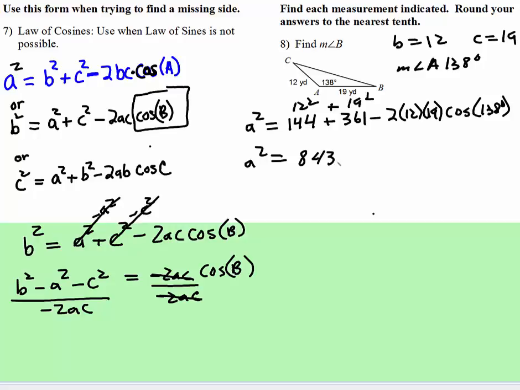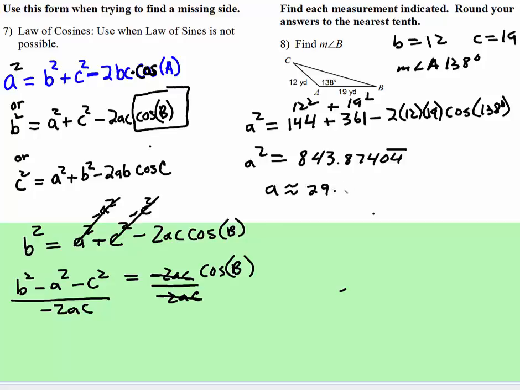It gives 843874, and it looks like it's going to repeat. Now I'm going to take the square root of the stored value, and hit enter. And A is about 29.0.